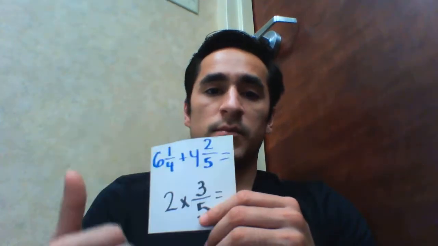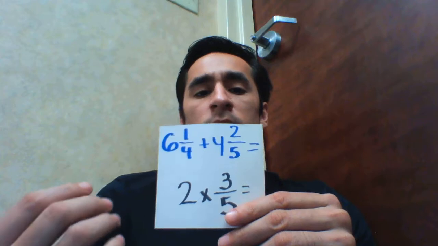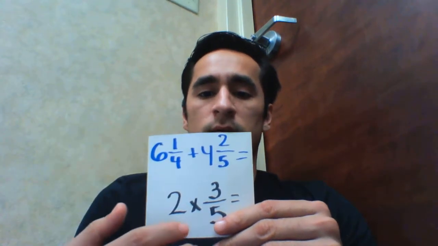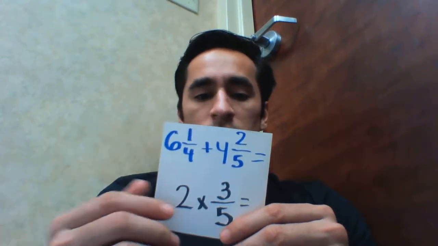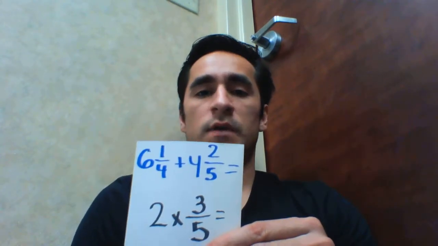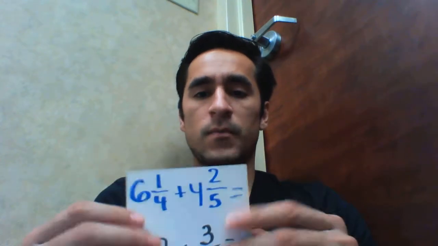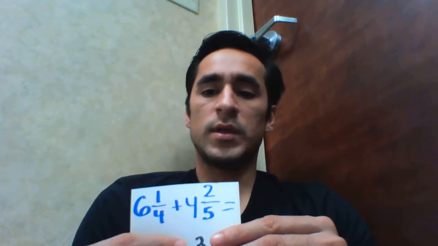Those types of word problems. But in fifth grade is where mixed numbers start going in fractions, where they have to add and subtract mixed numbers, changing them into fractions and all of those things, as well as multiplying whole numbers with fractions. That's where in fifth grade it starts. We start doing it and showing it to our students.